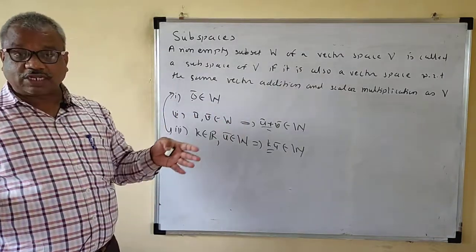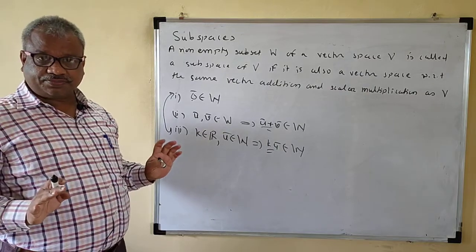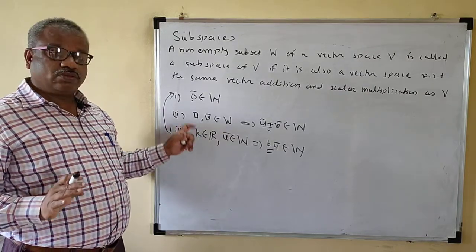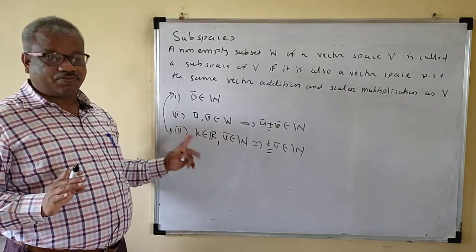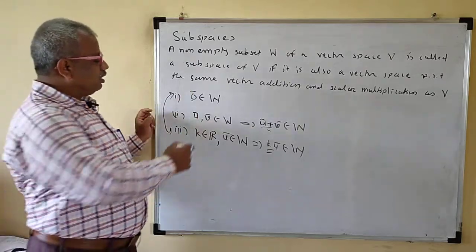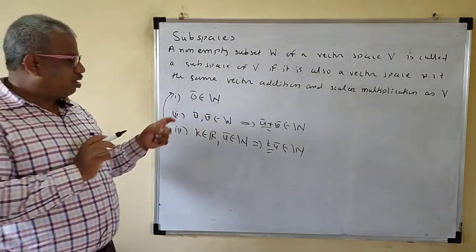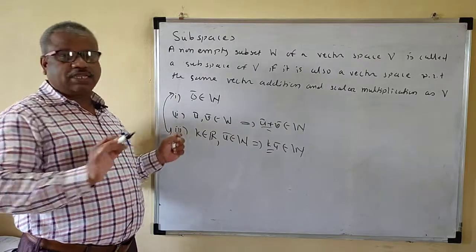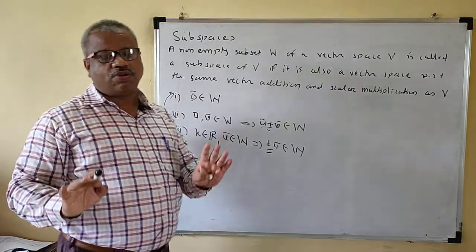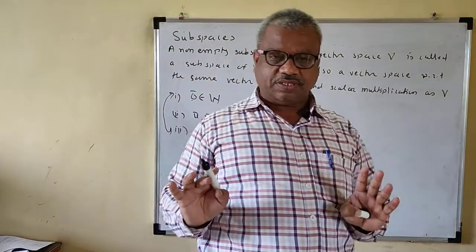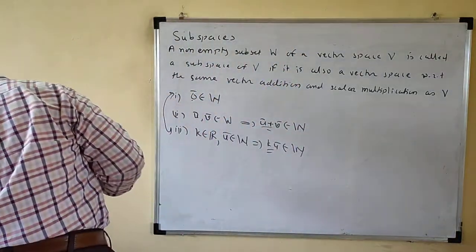That means W is a vector space, and so W is a subspace of V. These are the three criteria. If these three criteria hold for W, then W will be a subspace. So remember this.